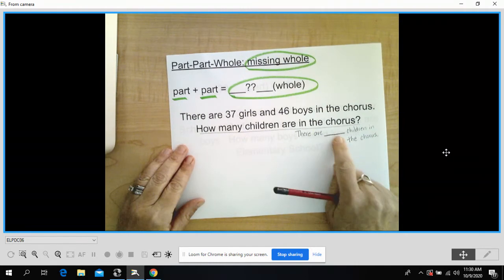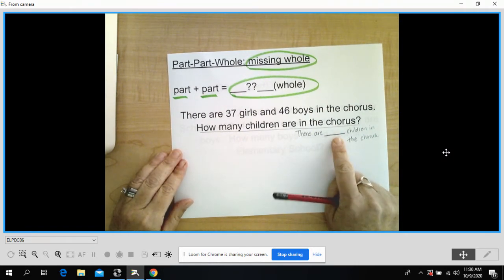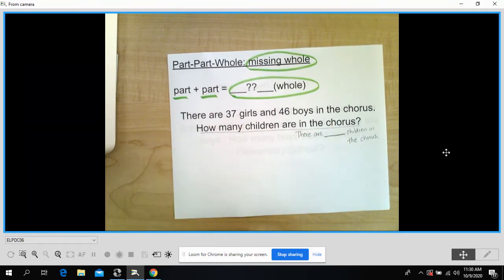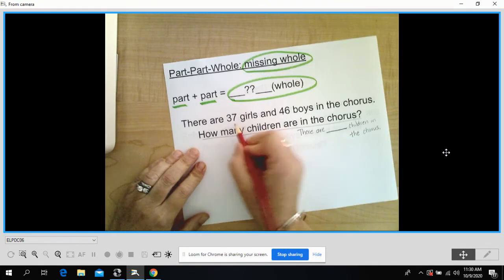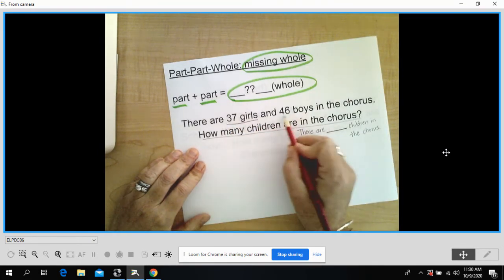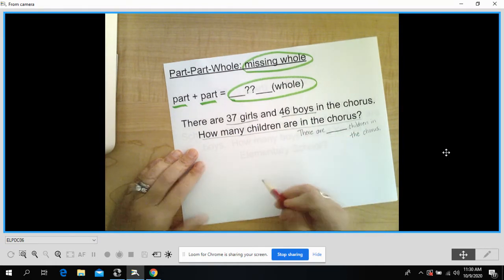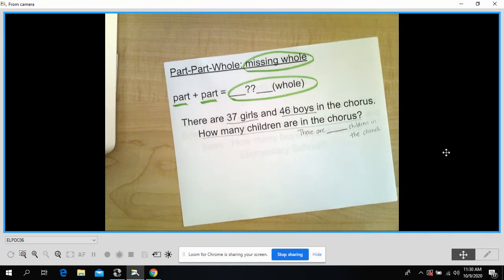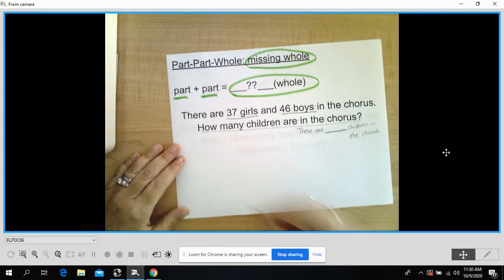Okay, so that's what I'm going to be able to say at the end of my problem, and I will know that I've answered my question. So let's look at what we know. There are 37 girls, 46 boys, and I want to know how many there are altogether.